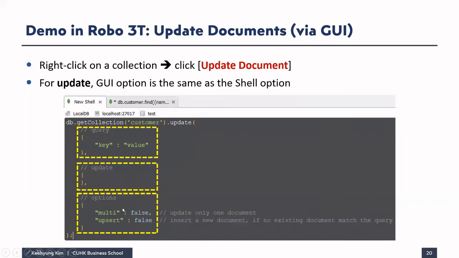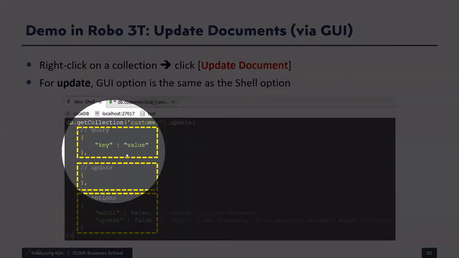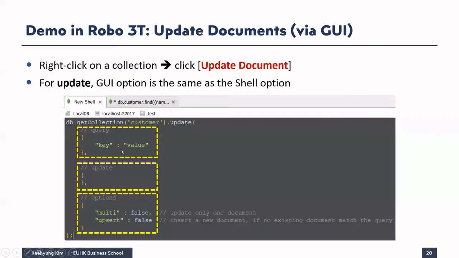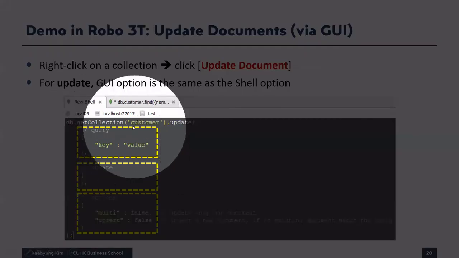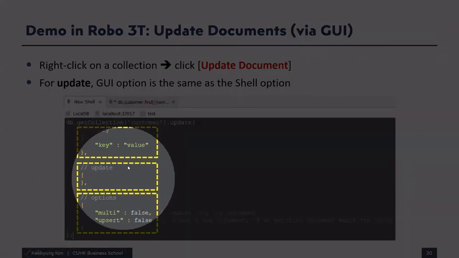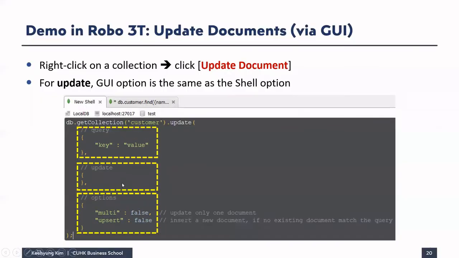The first part is the query. This is the area where you specify which document you want to update, so you design a query to find out what documents inside the collection you want to update. The second part is the update. You have to specify how your document needs to be updated.